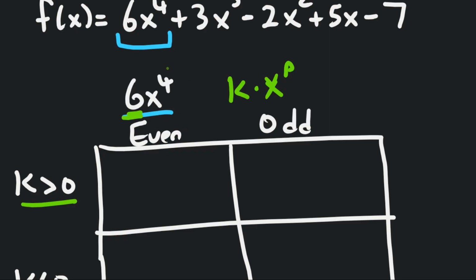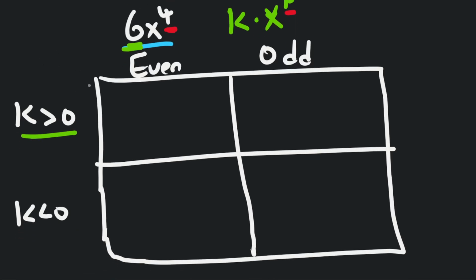And is this an even or odd power function? This is even because the exponent is 4, p is 4, which is an even number. So when we're done filling out this matrix, we're going to end up choosing the end behavior in this box right here.